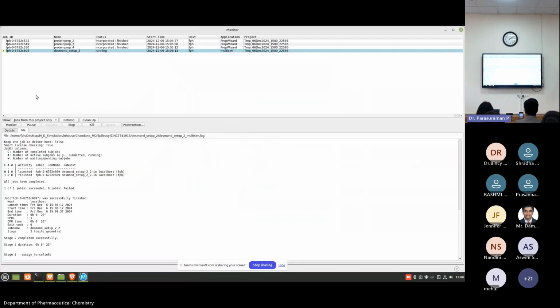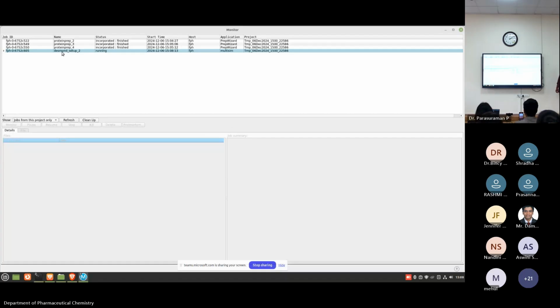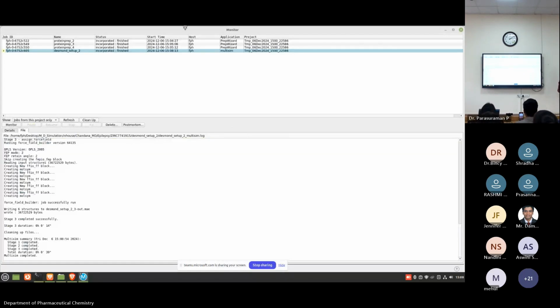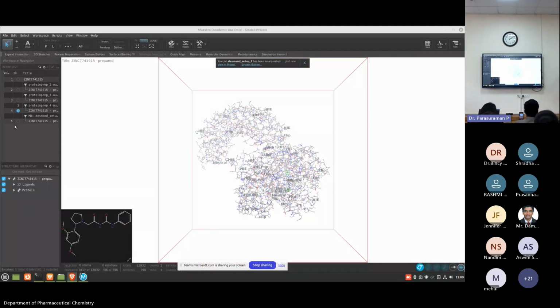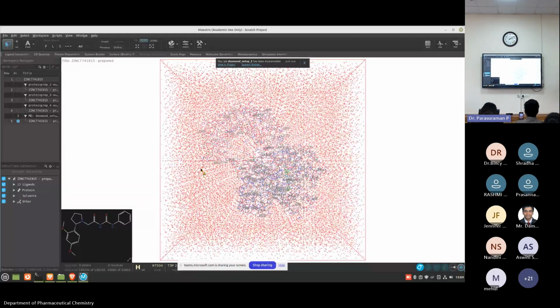In the jobs tab, you can see how much time it takes to do the particular job for building the model. If you click that jobs tab, you can see whether it is running or finished.